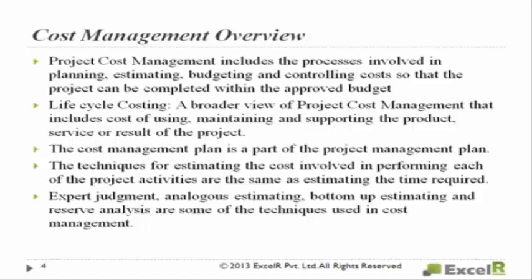So $5,000 into 12 months is $60,000, into 10 years is $600,000. $600,000 plus the initial $10,000 capital expenditure, so $610,000 is the life cycle cost. So you have to consider both.